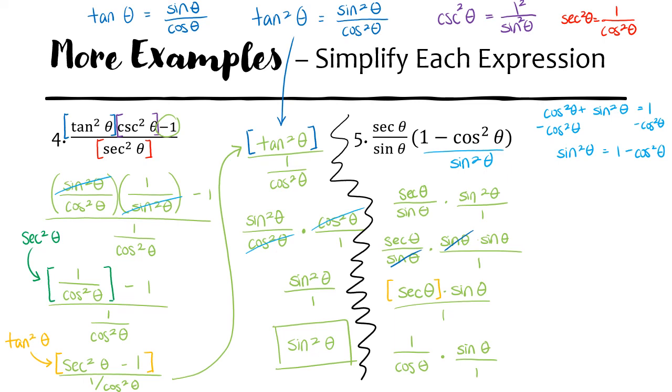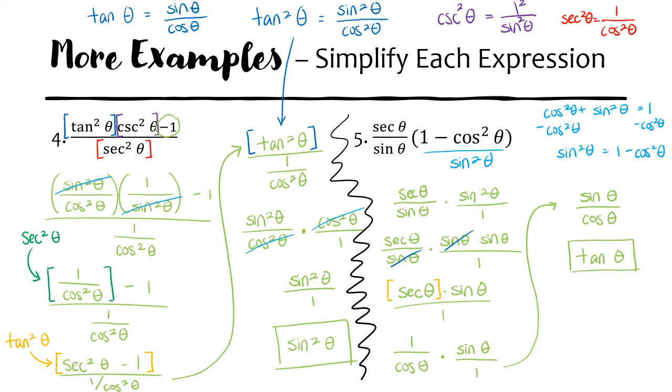If we were to combine that, we'll have sine over cosine. How do we simplify that then? Well, that's our first quotient identity right there. That is equal to tangent, and that would be our answer.